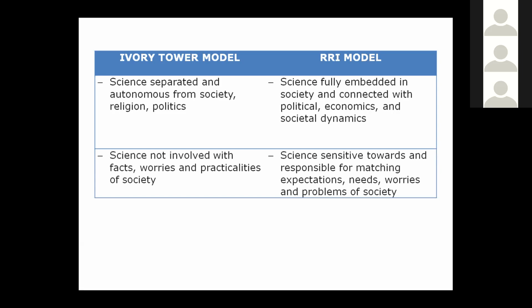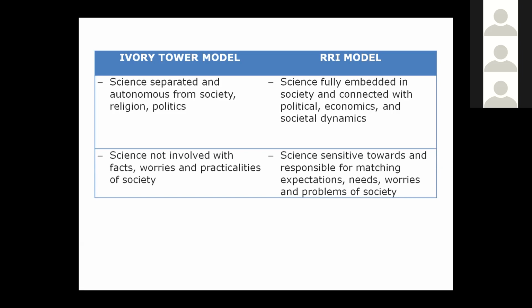In the ivory tower model, science is seen as not involved with the facts, the worries, the practicalities of society. While in the RRI model, science is seen as sensitive towards and responsible for matching the expectations of people, the needs, the worries, and the problems of society or the different stakeholders.